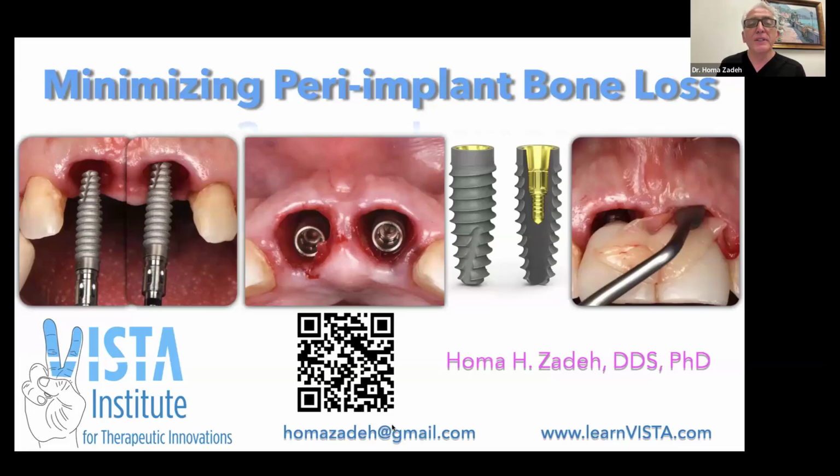Some people will say it's possible to completely avoid bone loss. It's not, but we can always try to aim for minimizing it by taking into account all the factors that we can control within our level of control.